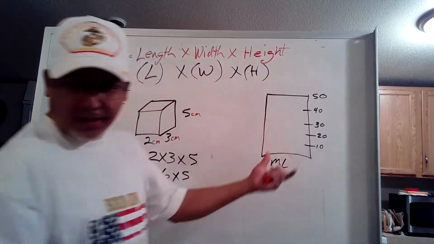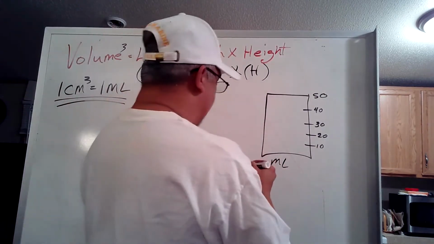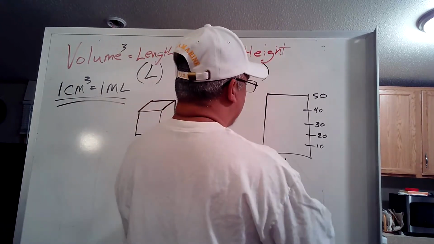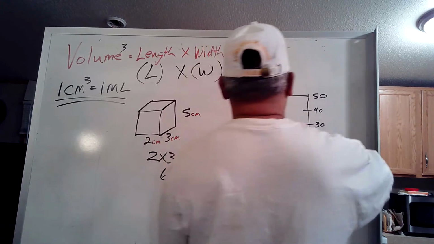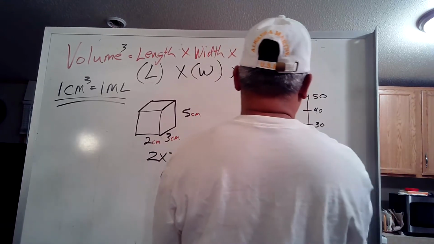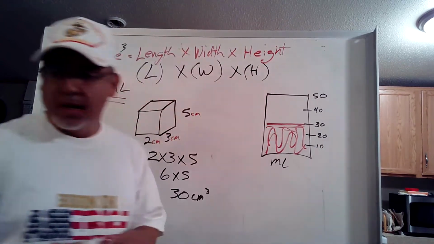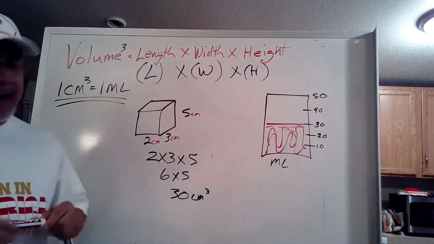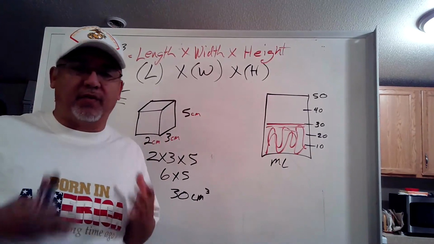These are milliliters. So if this is a 30 here, we're going to find our 30 over here, and we're going to shade it. And you are done. That is just how simple that lesson was from last week.